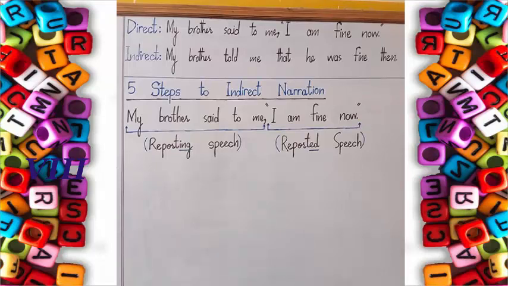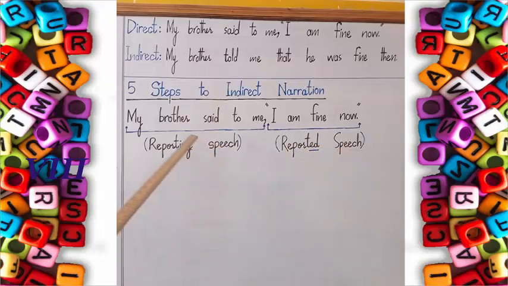The first part, my brother said to me, is called reporting speech. I have underlined this, reporting speech. And the second part, inside inverted commas, is called reported speech. I have underlined this also, reported speech.